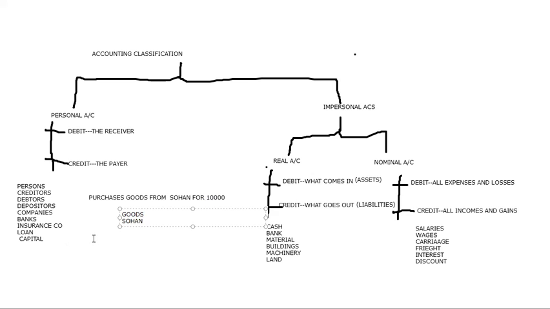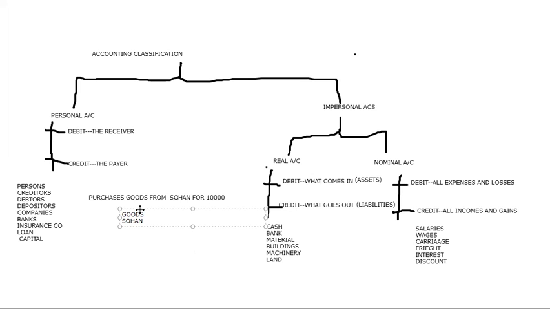Now I said purchased goods. Goods is not personal, it is something in a materialistic format. So which account will come here? I'm going to have the real account, wherein I have to record. In the real account, what comes in should be debited.